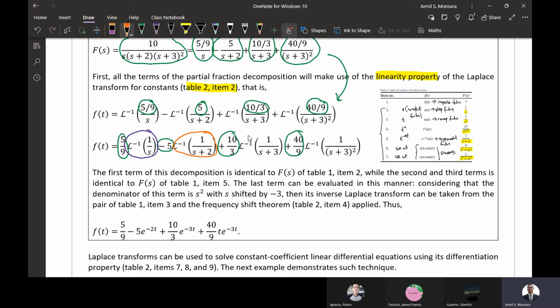Itong unang term niyo, kita niyo yan dito. Actually, yun siya mismo, 1/s siya mismo. So, nakalagay dito, kung 1/s yung F of s mo, ang f of t mo para doon ay 1. So, therefore, ito, equivalently, magiging 1 na lang yan.